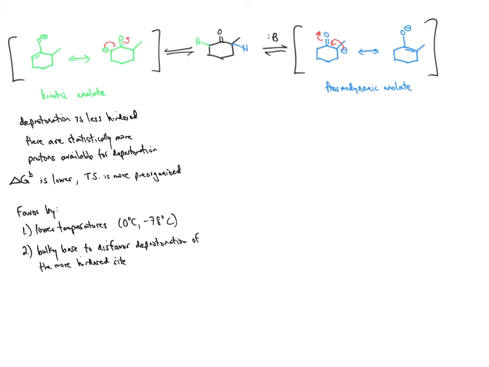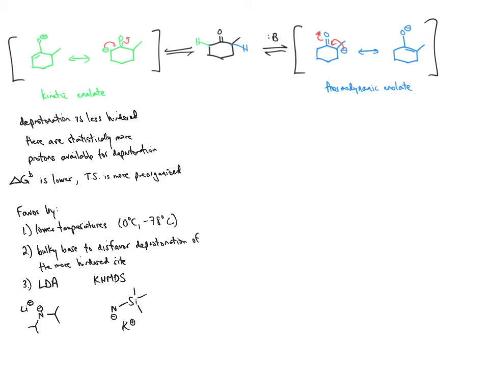Some examples of these types of bases are things like LDA, which has the structure here, lithium diisopropyl amide. There's also KHMDS, which is kind of the potassium version of LDA, but it has a couple of new features.